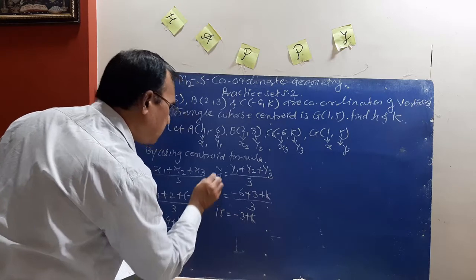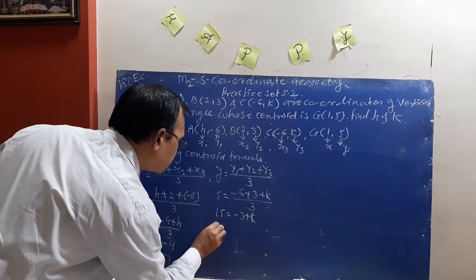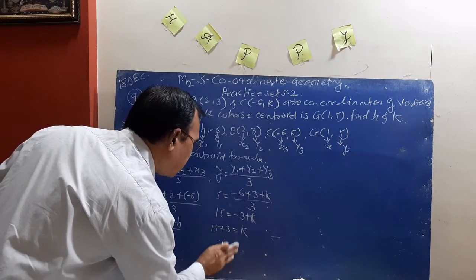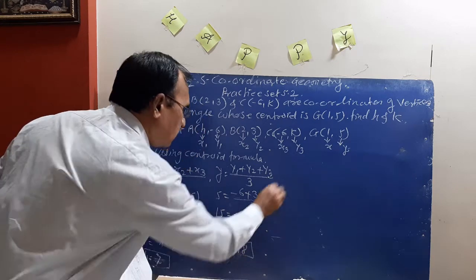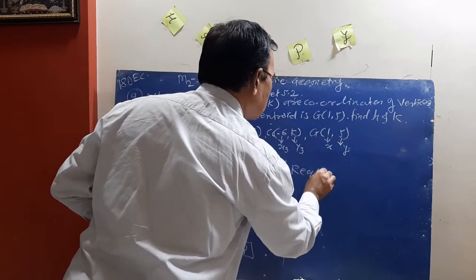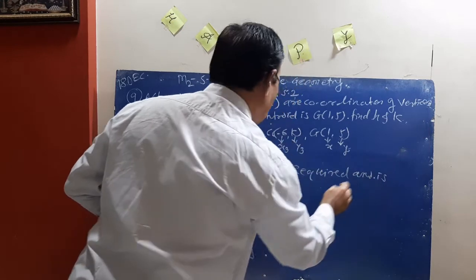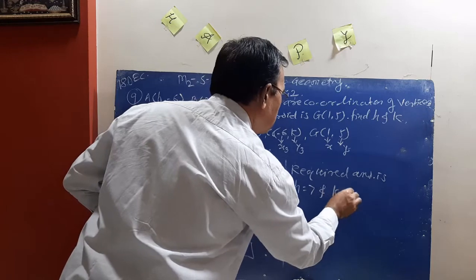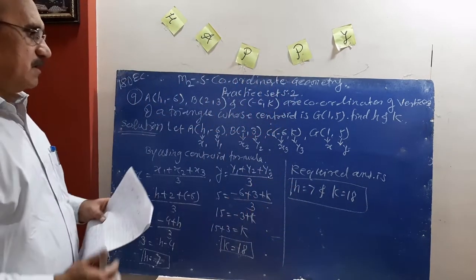Take -3 to this side, it becomes plus 3, and 15 plus 3 is equal to k, and therefore k is equal to 18. Therefore our required answer is h is equal to 7 and k is equal to 18.